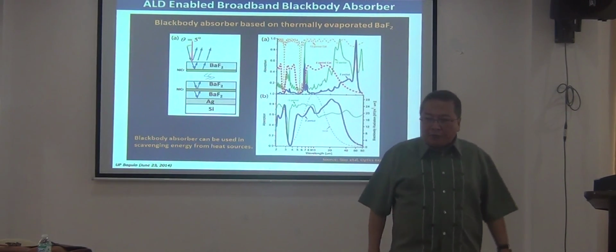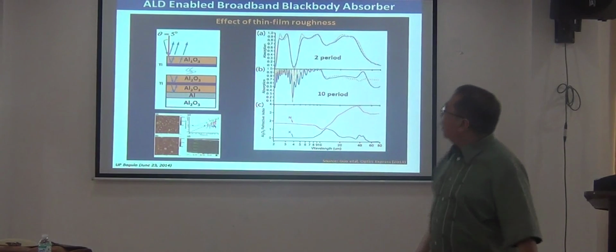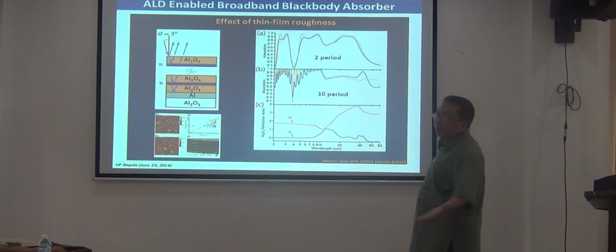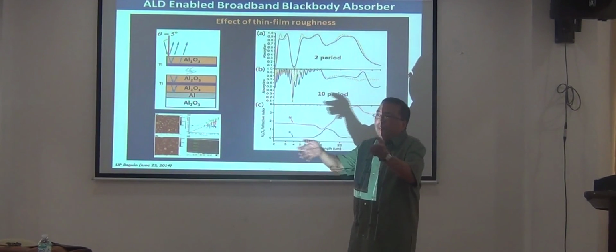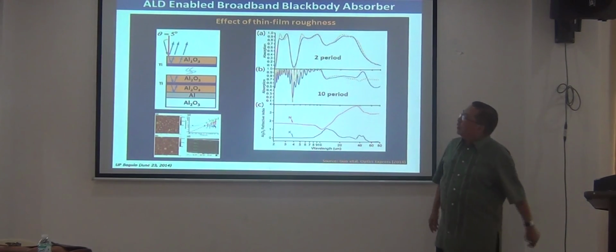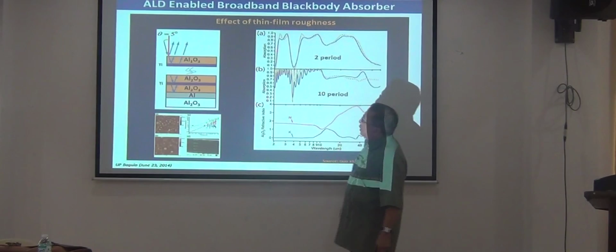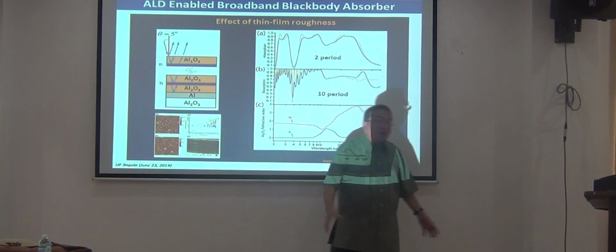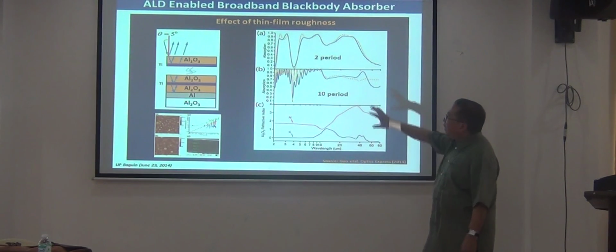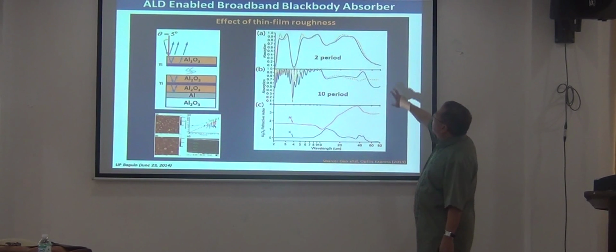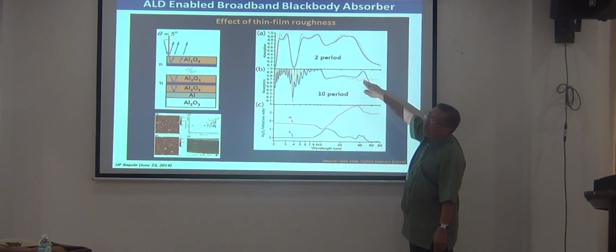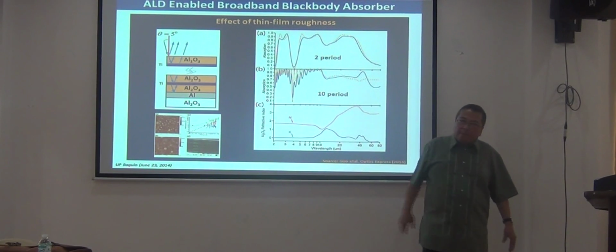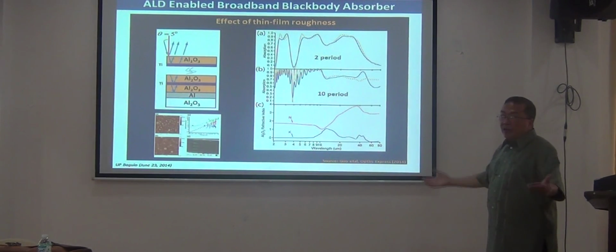So what we did was to use ALD. The problem is that we don't want to put fluorine in our system, so instead of using barium fluoride, we use aluminum oxide. Using aluminum oxide grown by ALD, you can see this comparison of the theoretical and the measured structure.